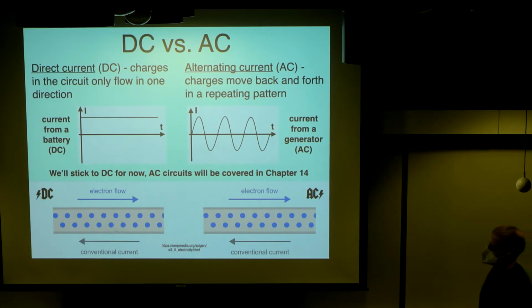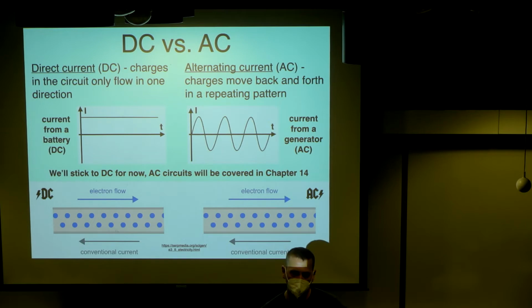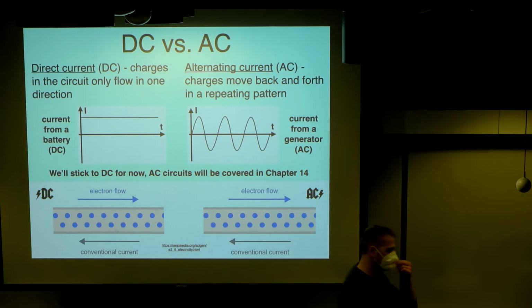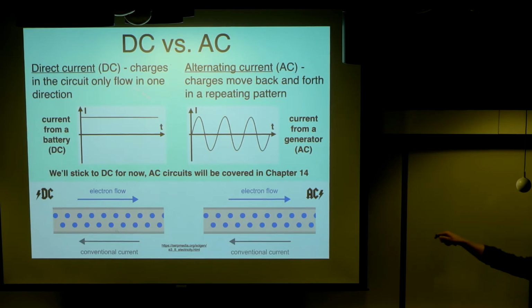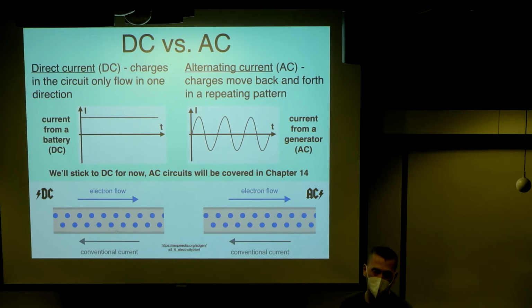All right, so we're doing a lot of setting the stage here. So the last thing we'll get into before we start developing some equations that can describe all of these features is the difference between DC and AC. So you probably know this difference, right? Direct current refers to a situation where the charges in your circuit are only flowing in one direction.